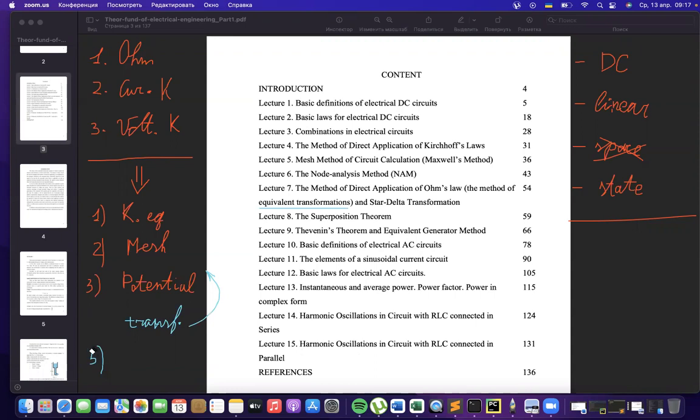Then we will discuss the superposition theorem, method number 4, and the Thevenin theorem. Or in other words, it's called the equivalent generator.